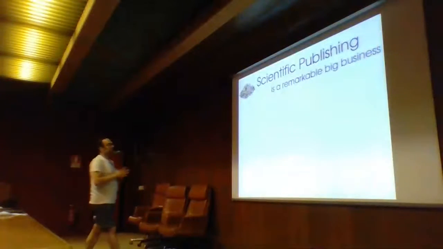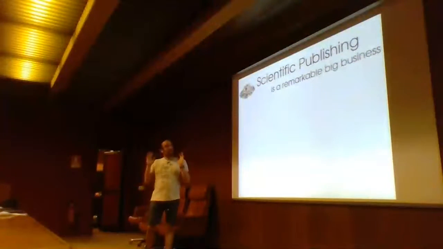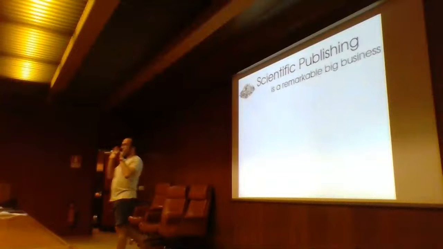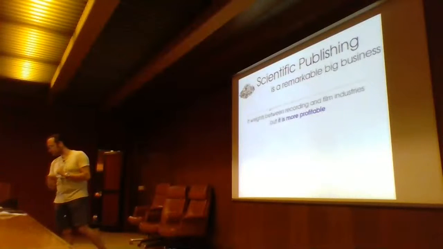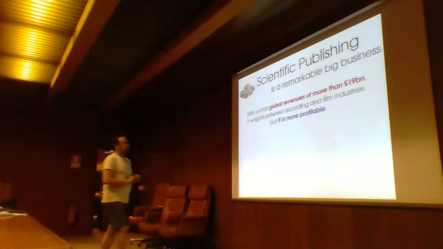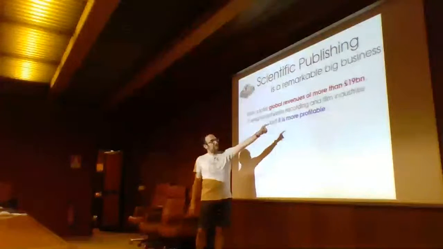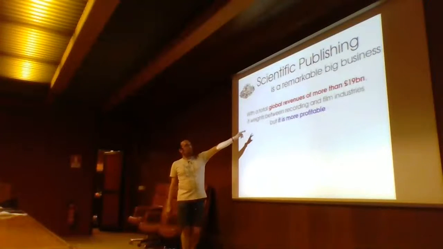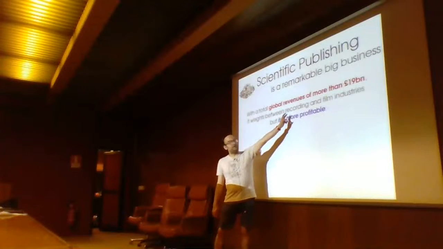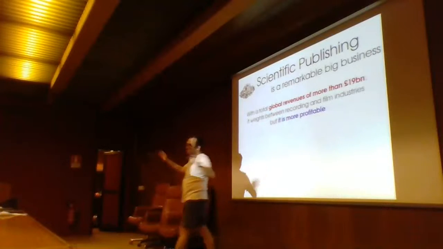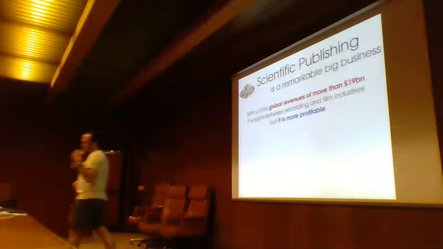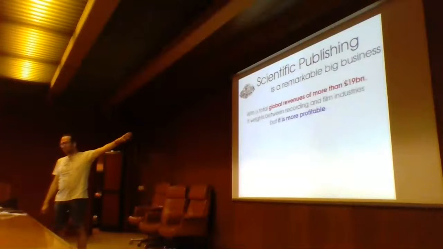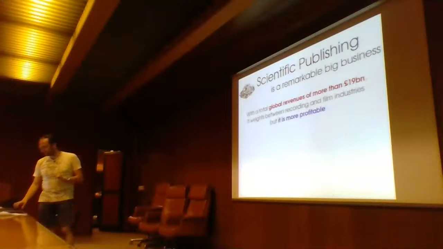So why is scientific publishing such a remarkable big business? Let's have a measure of this. With a total global revenue of more than 90 billion every year, it is on par with the recording and film industry. So it's larger than all the music in the world in terms of money, less than movies, so it's not bad.